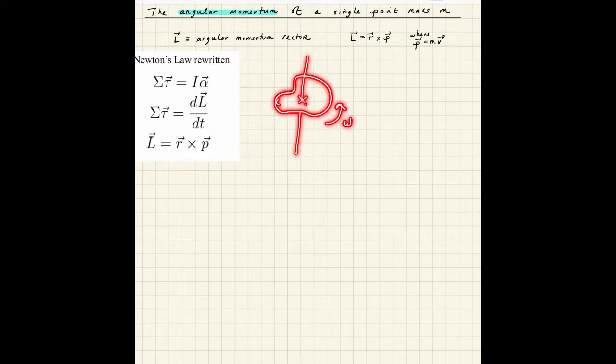That body consists of many different point particles. But the angular momentum of a single point particle is also relevant, and we're going to use that information eventually to treat the rigid body and to find the angular momentum for a rigid body that rotates.